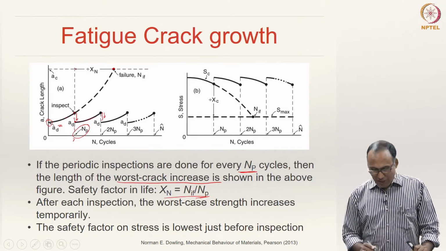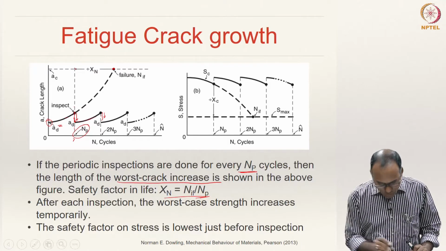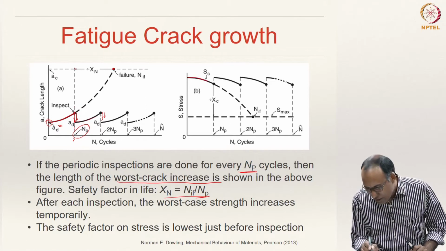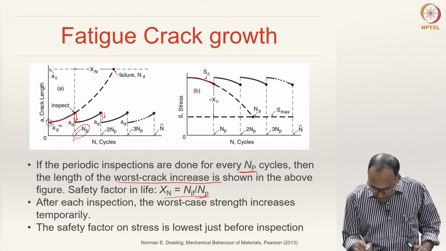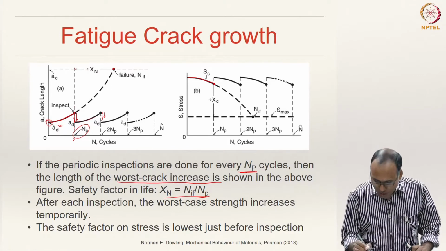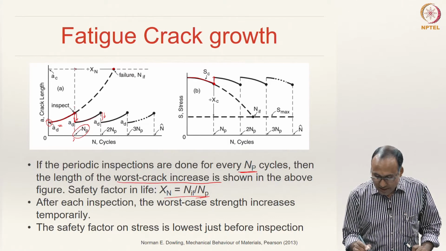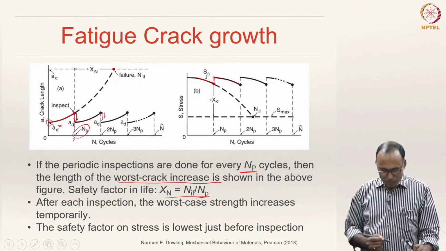So, after each inspection what happens? You are repairing the crack, and as the crack length is increasing, the residual strength of the material is decreasing, but at the end of N_P cycles you are doing the repair to the crack. As a result, the strength increases again, and then it continues again, and so on.